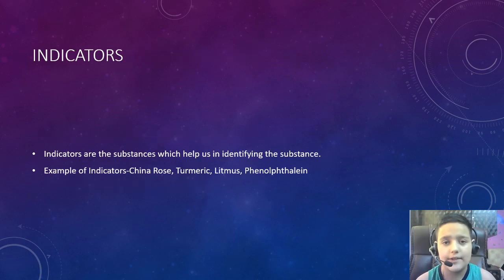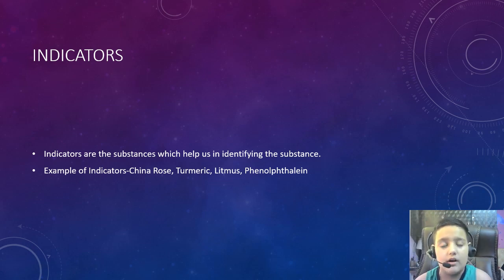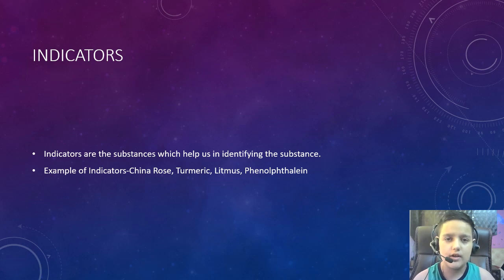Now, as we have read about acids and bases, if you want to identify which one is an acidic solution and which one is a basic solution, for eatable substances we can check by tasting.